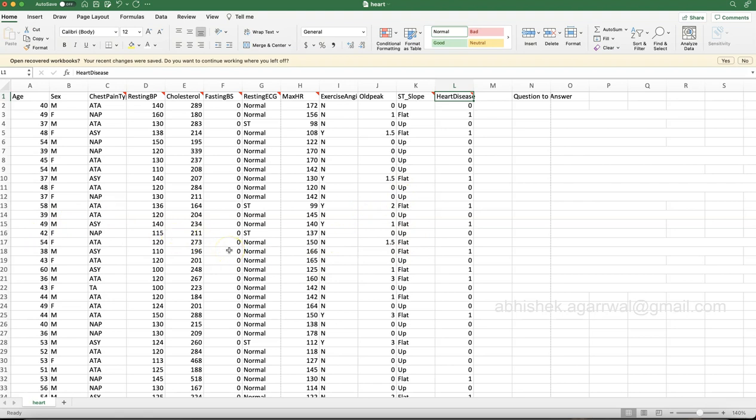Obviously, the person would need to provide some information, maybe via some test. Or let's say you are about to join, or are planning to join, a pathology lab, which is what we call it in India. They do all the testing, like general health checkups, and collect information like cholesterol, fasting blood sugar levels, ECG, resting BP, and all of those things.